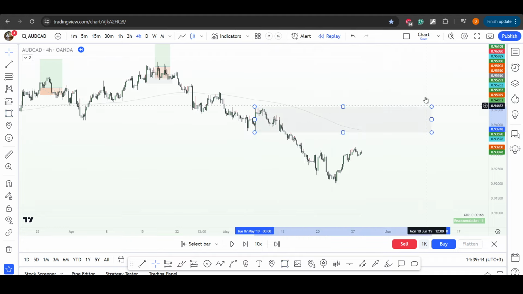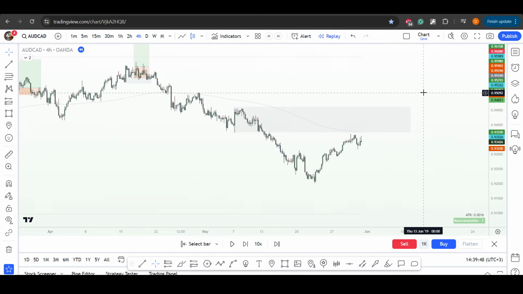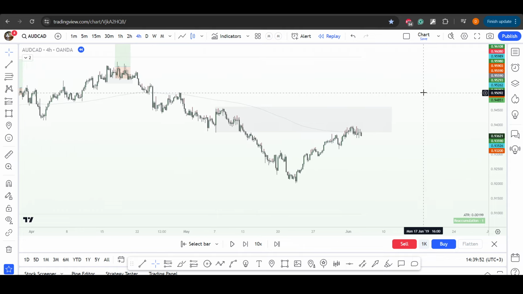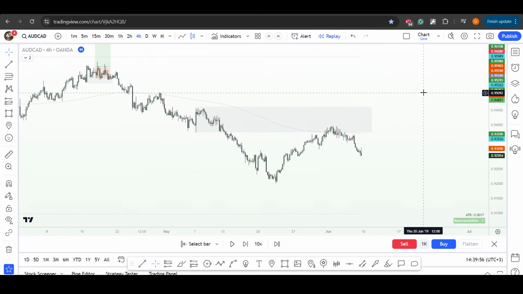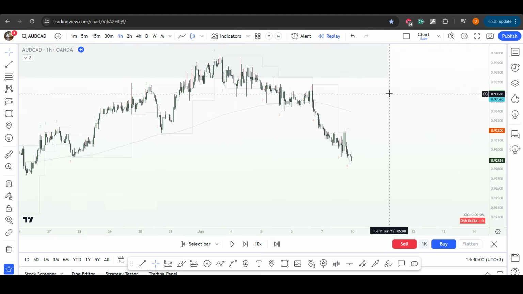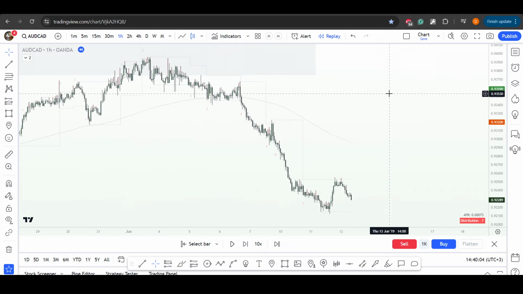A bit better zone would be even this one. And we continue to fall with this messy, ugly price action with basically no entries.